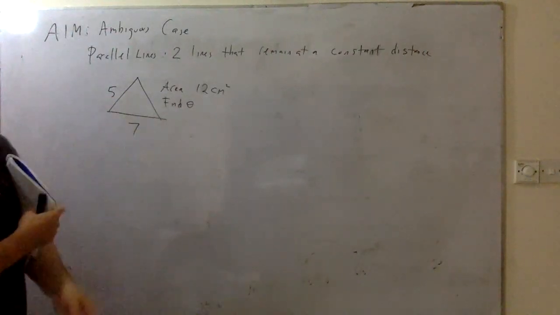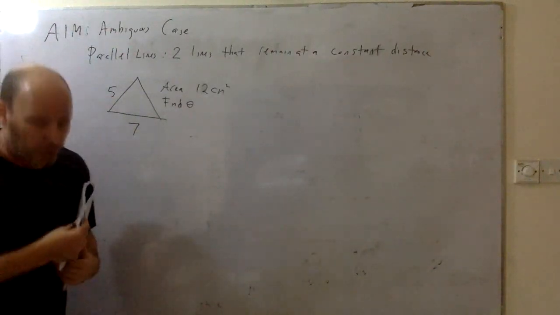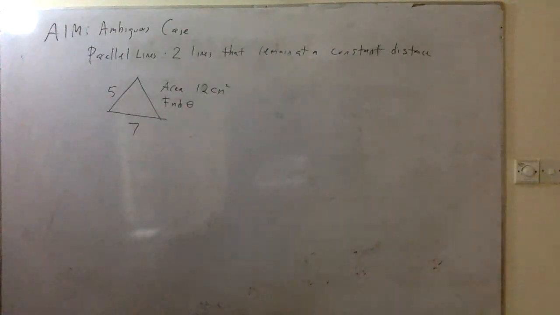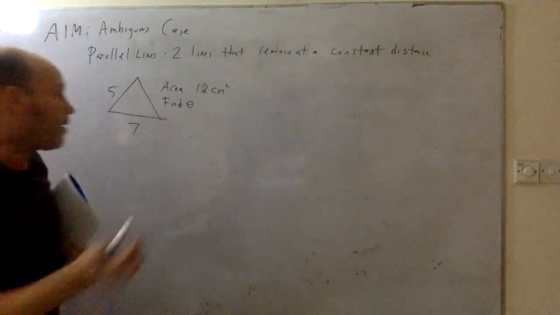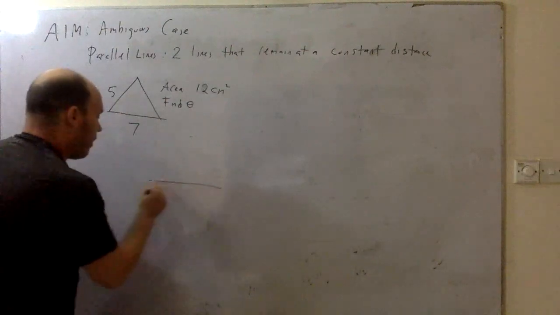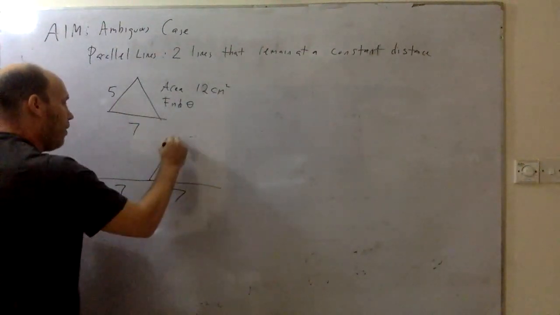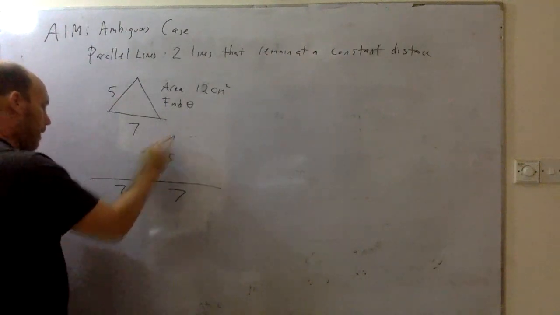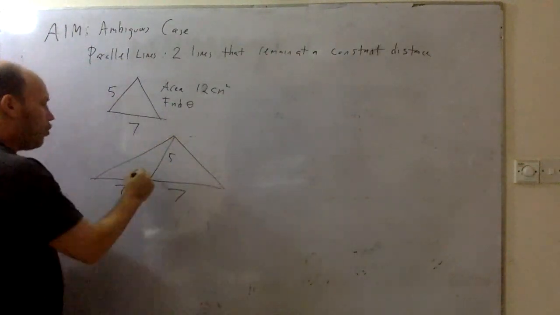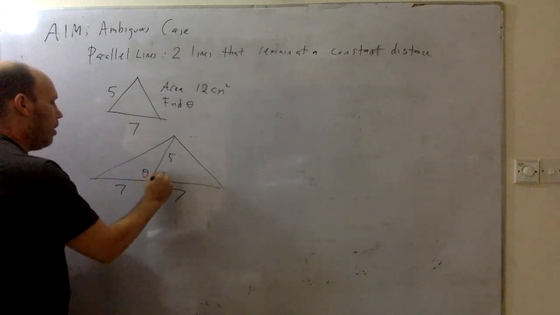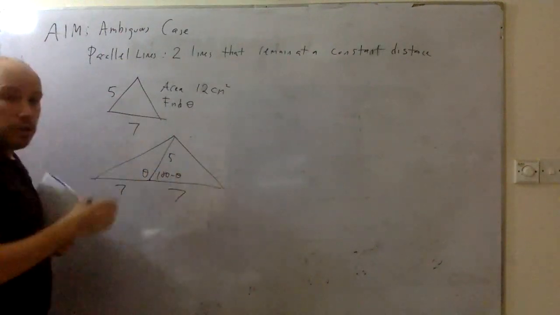Actually, any triangle problem with an angle issue can be solved with the chart I wrote, with the parallel lines. If you think about it, here's your 7, here's your 7, here's your 5, here's two triangles. So we have to find these two angles.